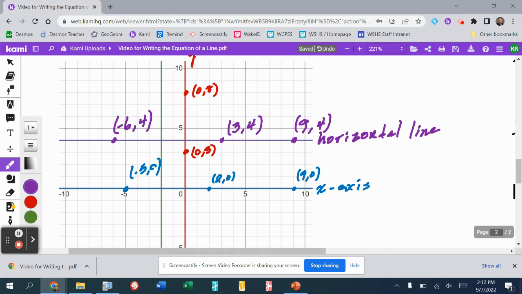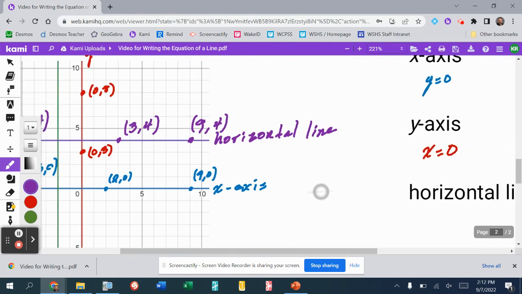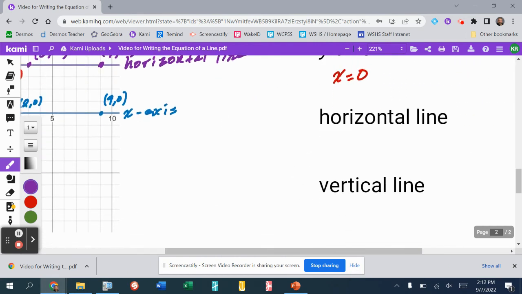Once again, you should be seeing that for this horizontal line, now this is not an axis, it's just a horizontal line, but notice how the y values are all the same. So when we write an equation for a horizontal line, we're always going to say that y is equal to a number. In this case, it was 4, but it could be any number depending on where the horizontal line falls.